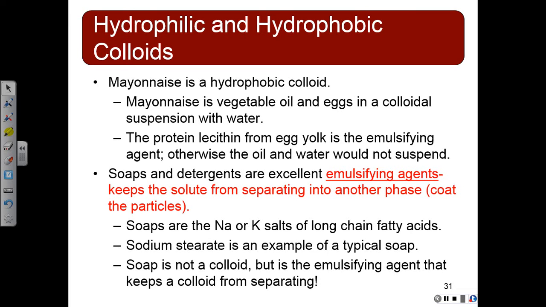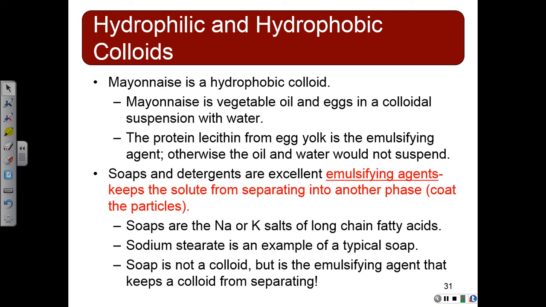So we just said that the vegetable oil and the water are the main component of the mayonnaise. But the egg is the most important part. The egg is what we call the emulsifying agent. You've got to know that definition as well.